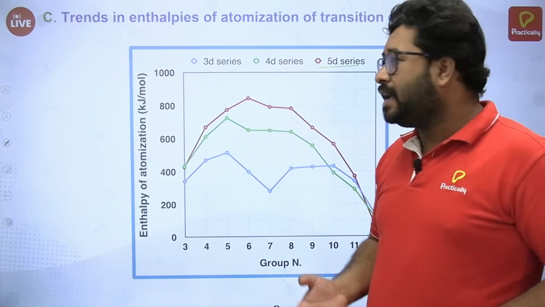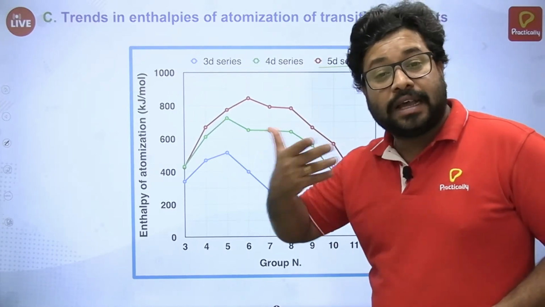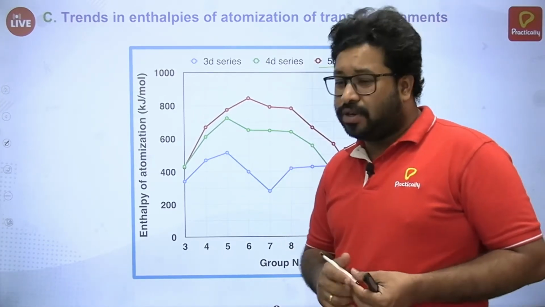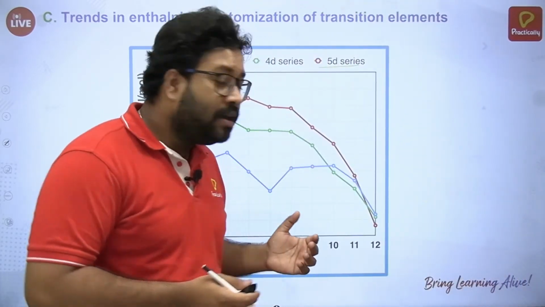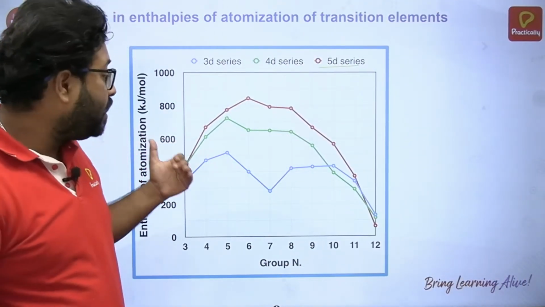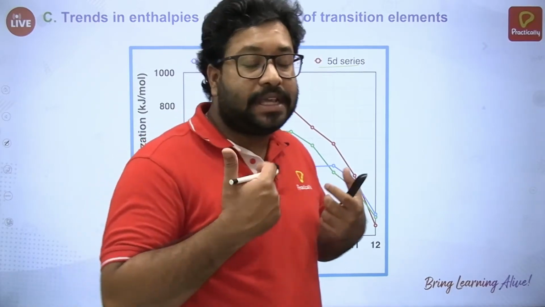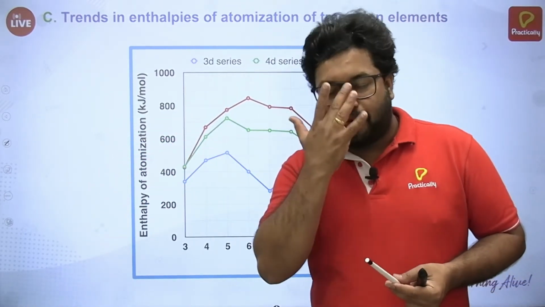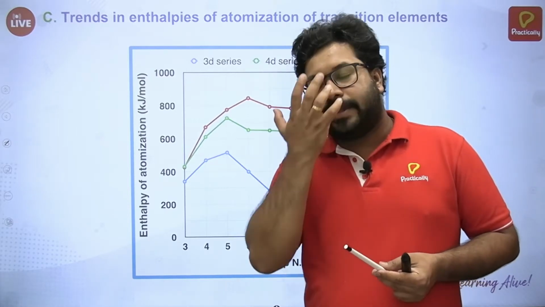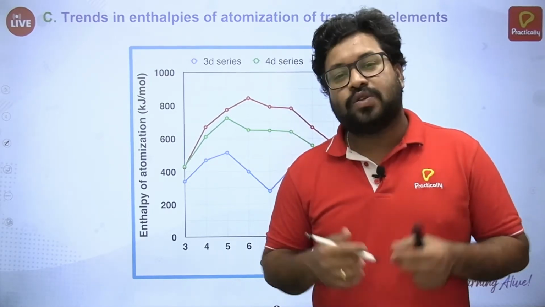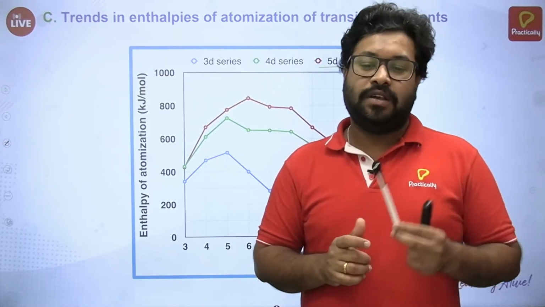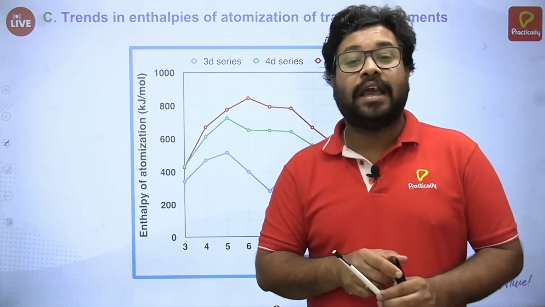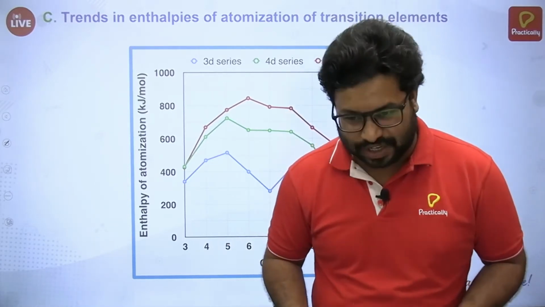I would rather say they are in the next group. This is not actually about atomic number, it is about being present in the next shell. So the 4D series is present in the next shell to the 3D series. So obviously size wise 4D is larger in size. Similarly 5D is also large in size. So those factors contribute for them to have higher enthalpy of atomization.